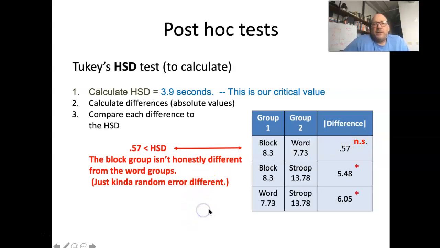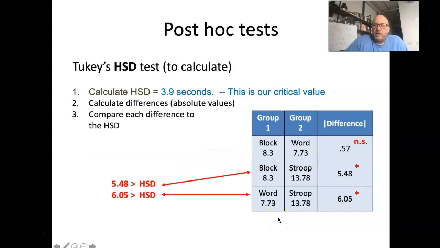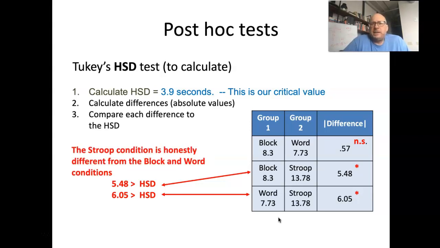Now, if you look at the other 2 down here, those 2 wind up being significant. 5.48 between block and Stroop, 6.05 between word and Stroop. Anything over 3.9 seconds is significant. So 5.5 seconds and 6 seconds are definitely significant.